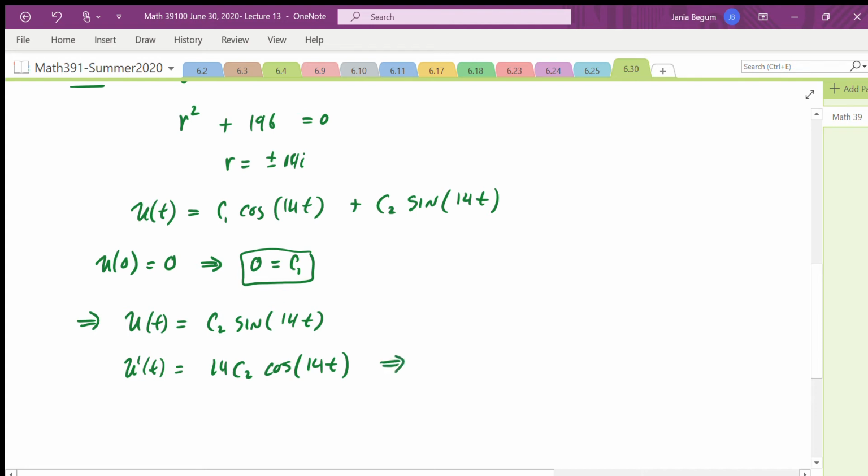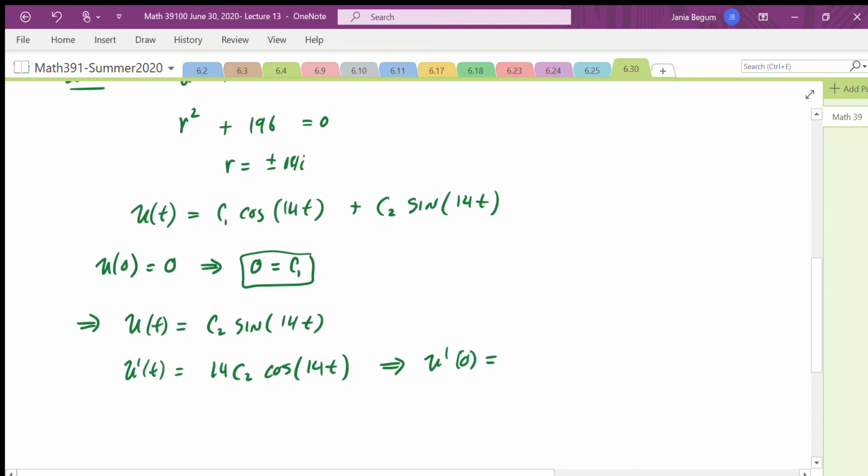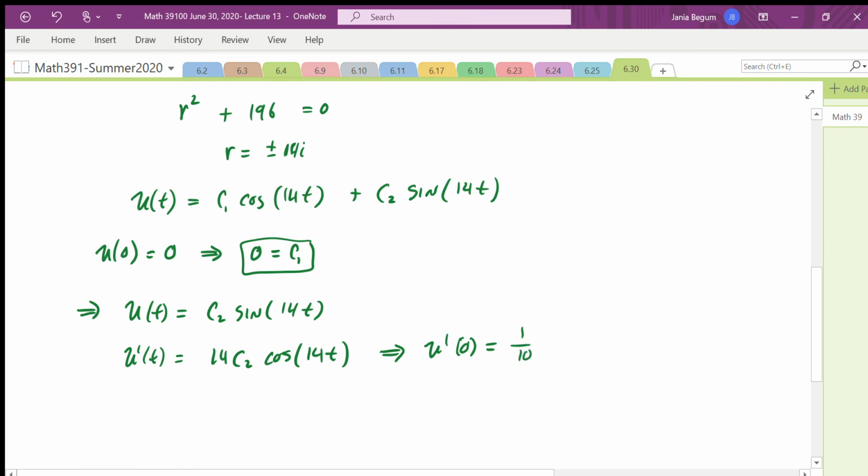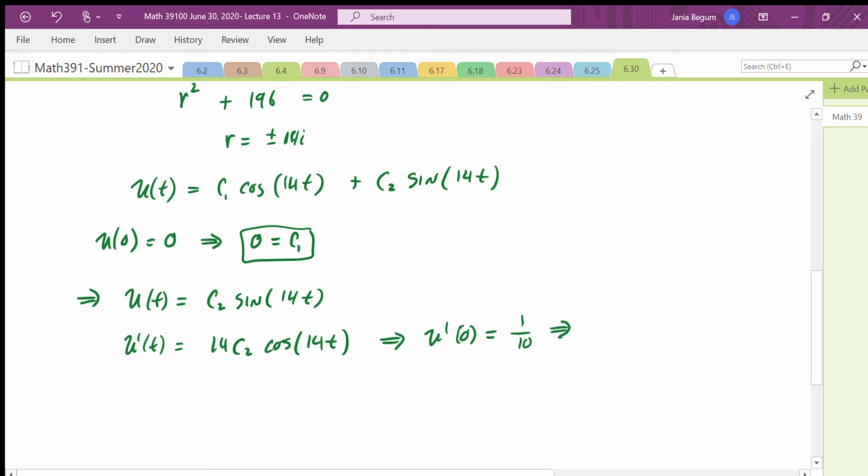Now we apply the second initial condition. If we plug in 0 for t, u prime of 0 is equal to 1 over 10. So we have 1 over 10 equal to c2 times 14.